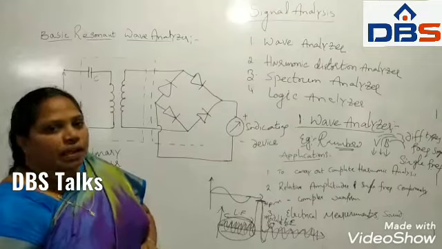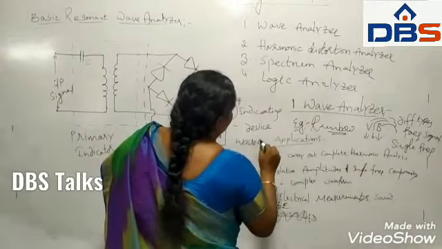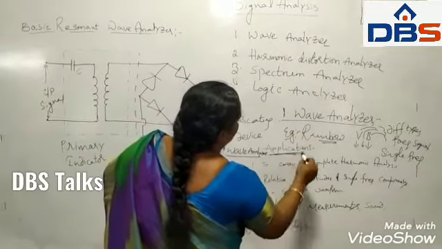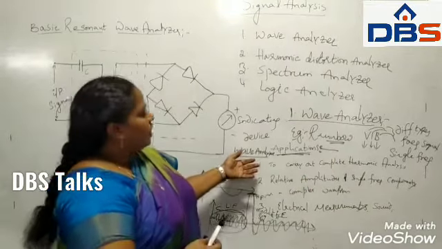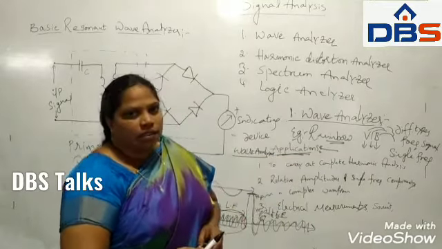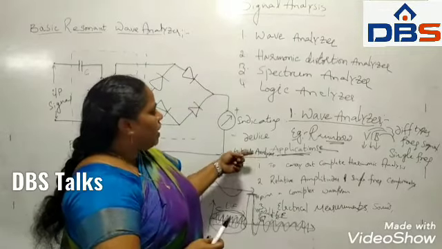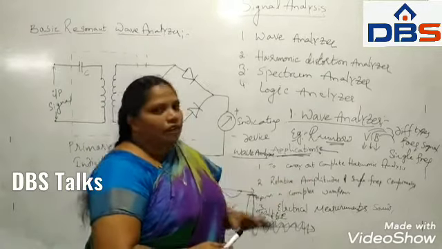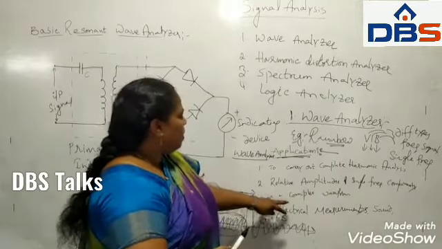Then what are the applications of the wave analyzer? It is an instrument used to carry out complete harmonic analysis. It is used to measure the relative amplitudes of single frequency components in a complex waveform.